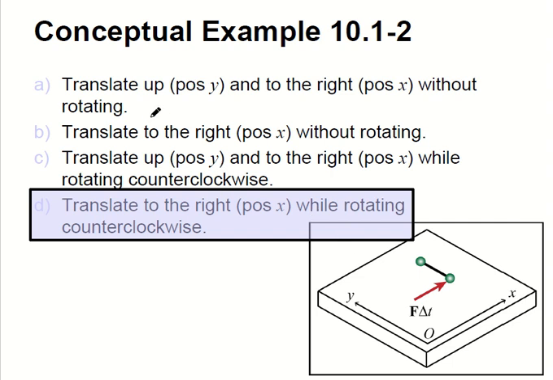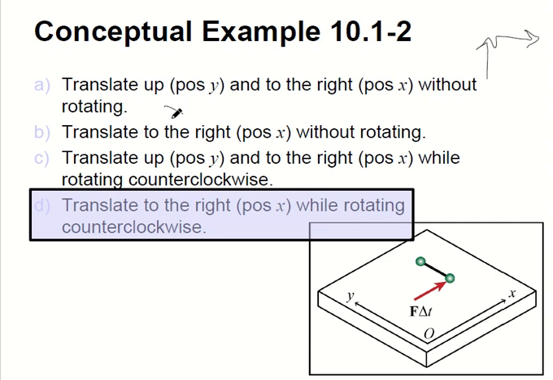So first, you're going to translate up, which is your position y, and then to the right, position x. So first you translate up and then to the right. No rotation. I mean this system right here, because of that force applied for that amount of time.